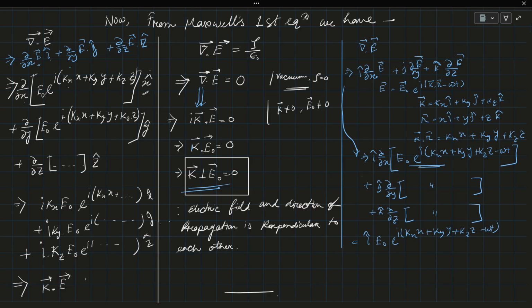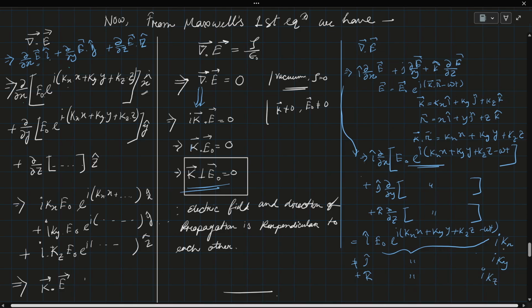Since this is in the power of e, I will get the same term, and there will be an extra term, i k x, where this i is iota. And for j I will get the same term with an extra i ky, and plus k cap, the same term again, with an i kz.